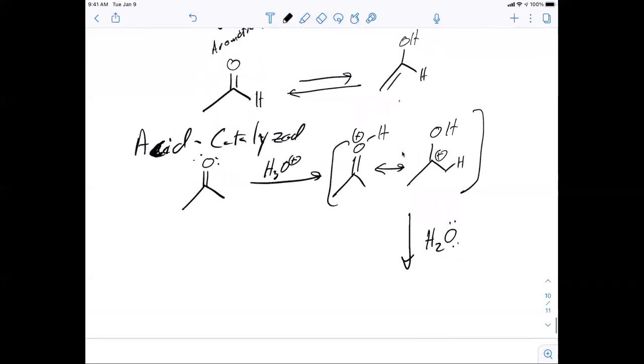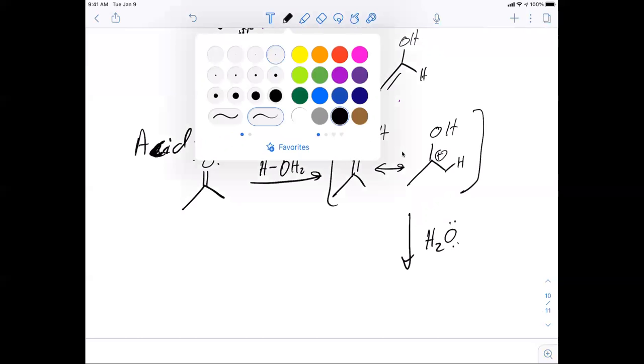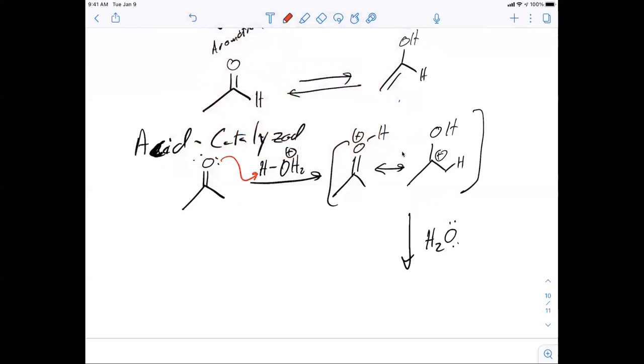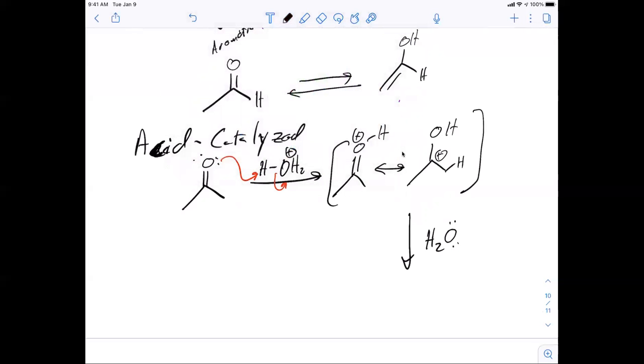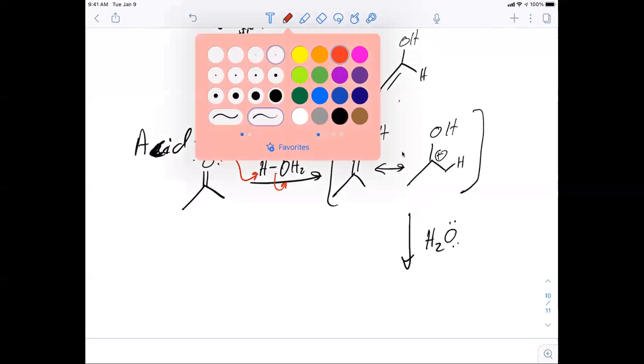If we think about the acid catalyzed process, the oxygen picks off that proton, and then we end up with this species. Those are both in resonance with each other.